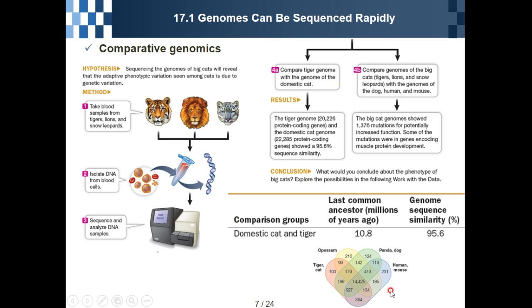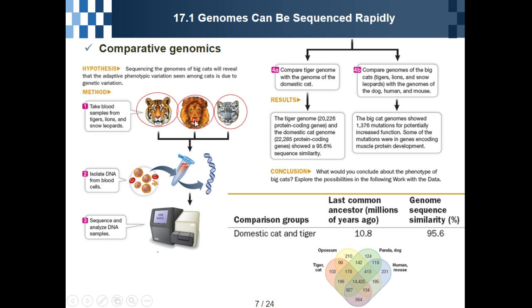This is one example of comparative genomics. For example, the tiger, lion, and snow leopard belong to the cat family. They are nearly similar to each other.